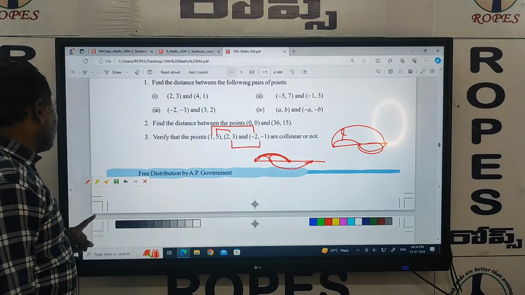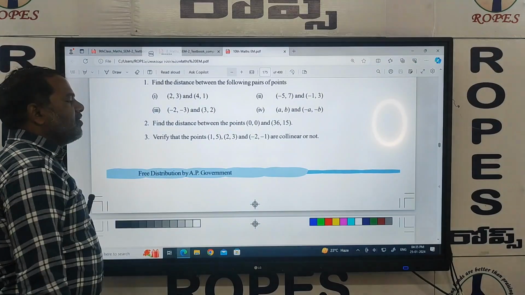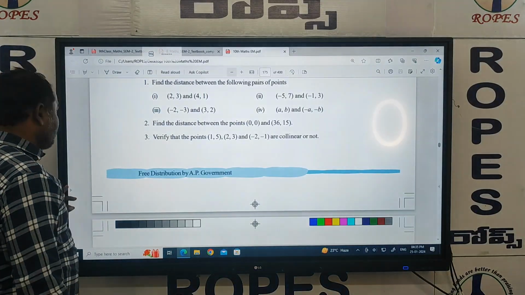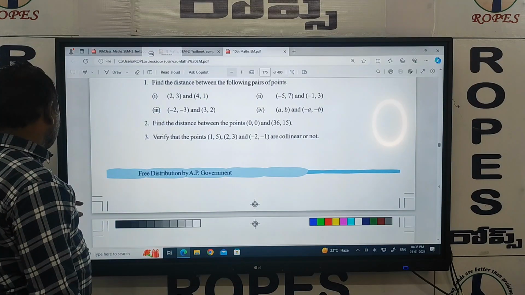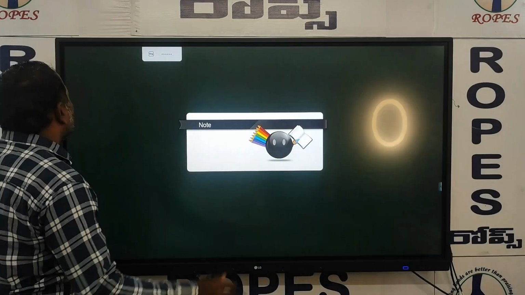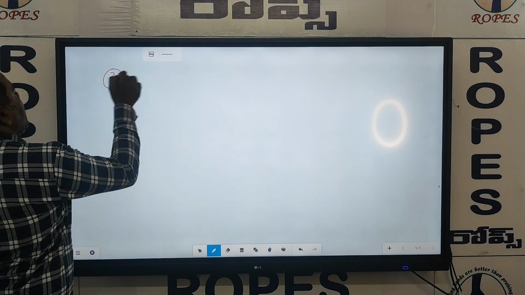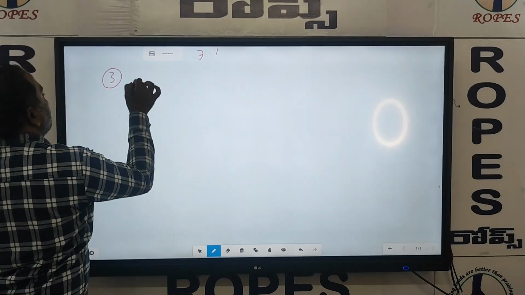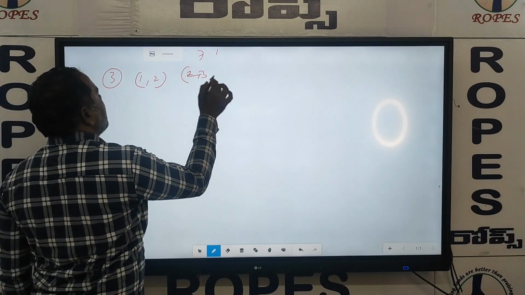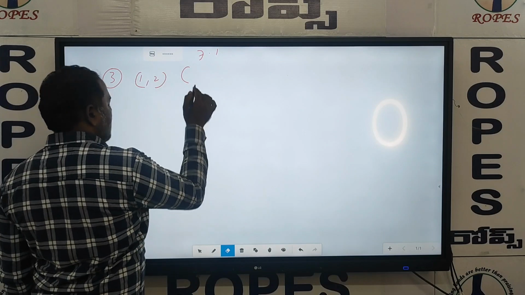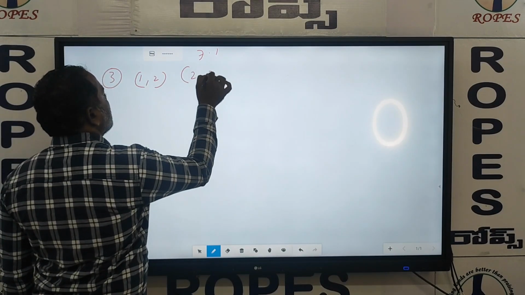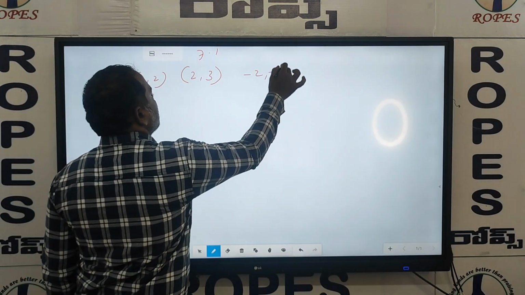First we will see how to find this. Here the points are 1, 5, 2, 3 and minus 2, minus 1. This is question number 3 in exercise 7.1.